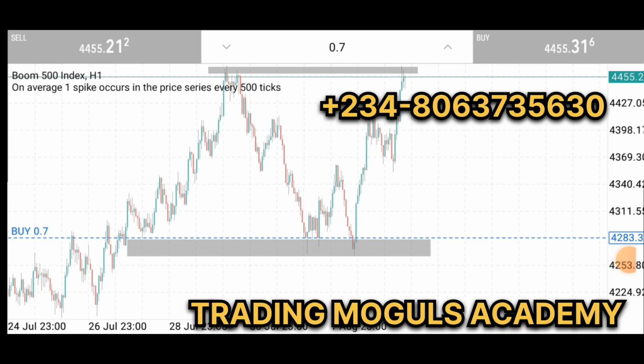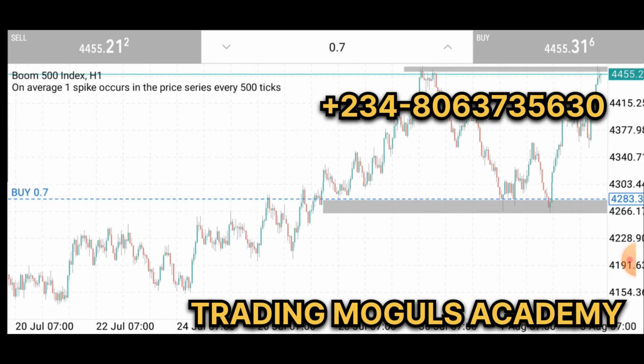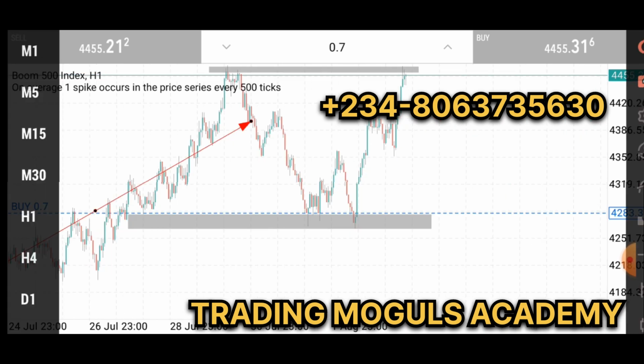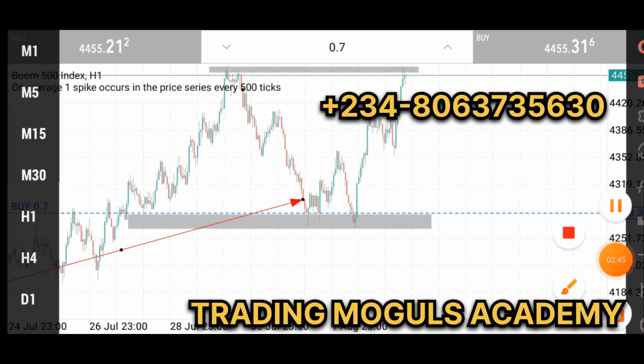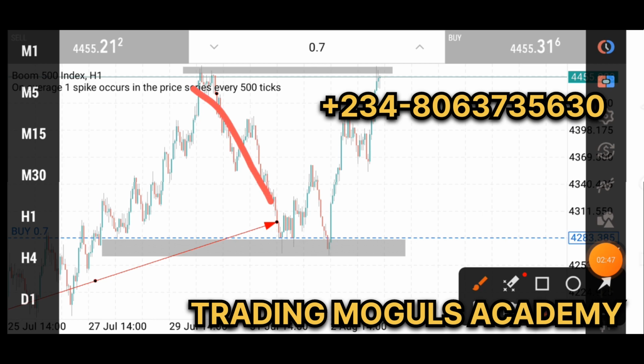So after this push phase, the long buy, it made an extraction phase, which is this, and then pulled back again.